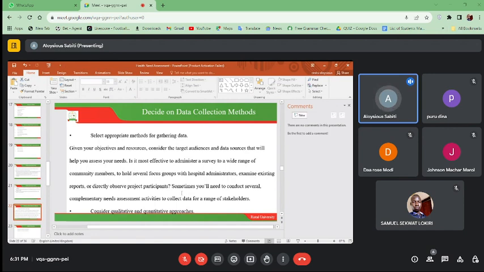So here we're looking at, you must select a collection method that is appropriate. Sometimes if you're doing focus group discussions, you may not need to gather men with women, girls with boys. You may not need to gather persons with disability, or special interest people, with those who the society calls normal.